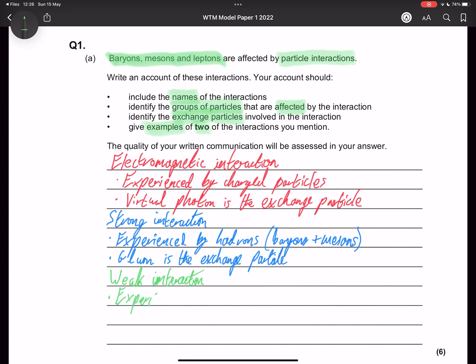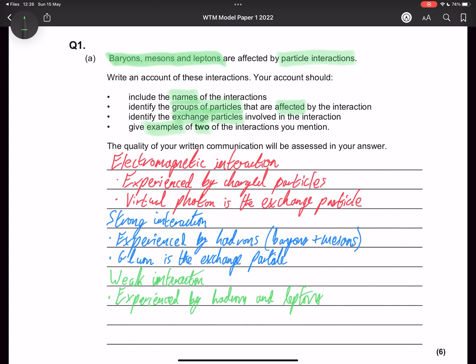But rather than just saying all particles, we can define it as hadrons and leptons, because that covered all of them then. You could have listed it as baryons, mesons and leptons, same effect, but as we've defined what a hadron is previously, this is a bit shorter.